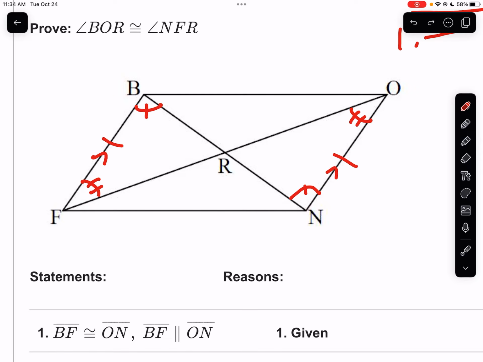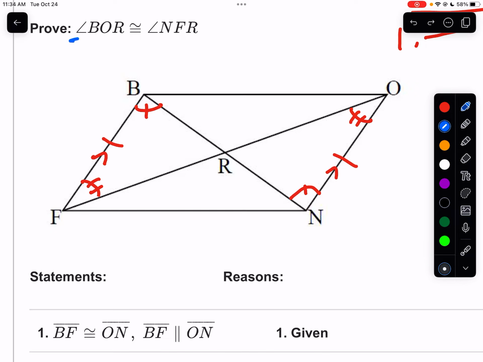But one thing I want you to be on the lookout for is, what are you actually trying to prove? You're trying to prove that angle BOR, that's this angle, is congruent to NFR, this angle. I know it's tough, guys, but I'm looking at this and I'm like, are there any triangles that use the pieces I have, all the red parts, but also use those two blue angles? Because if I can get it all in one big shot, that would be awesome.